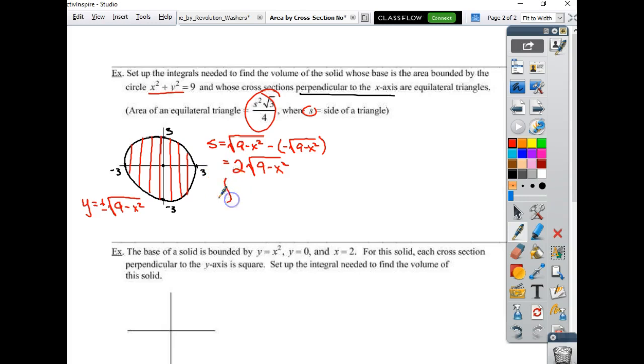So if I want to find the volume of this, I can go from -3 to 3 of the square root of 3 over 4 times 2 times the square root of 9 minus x squared dx. Or again, I would simplify this out and call this the square root of 3 over 2.